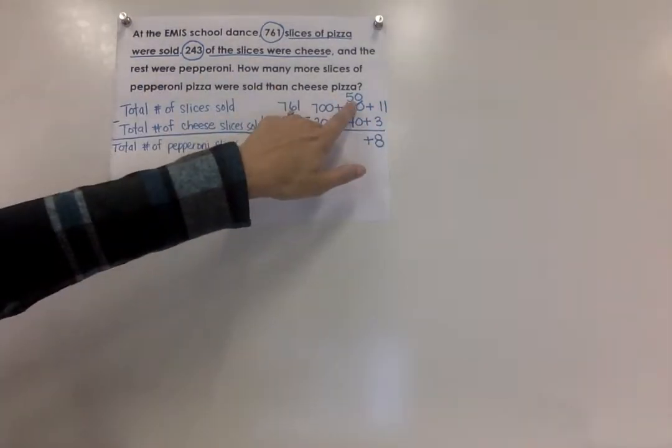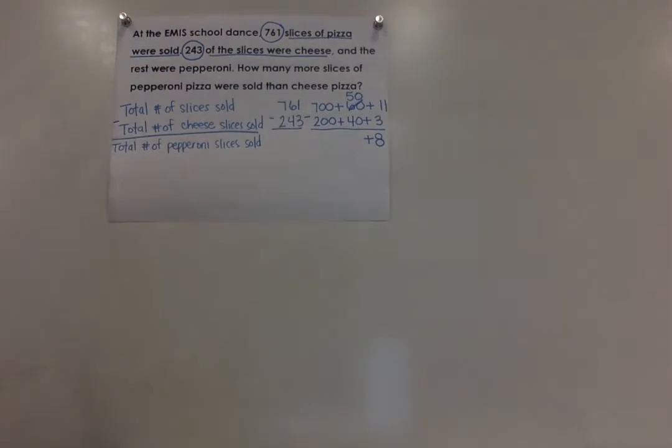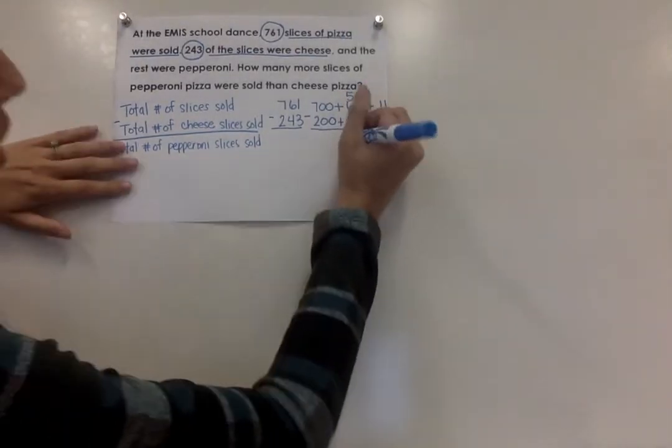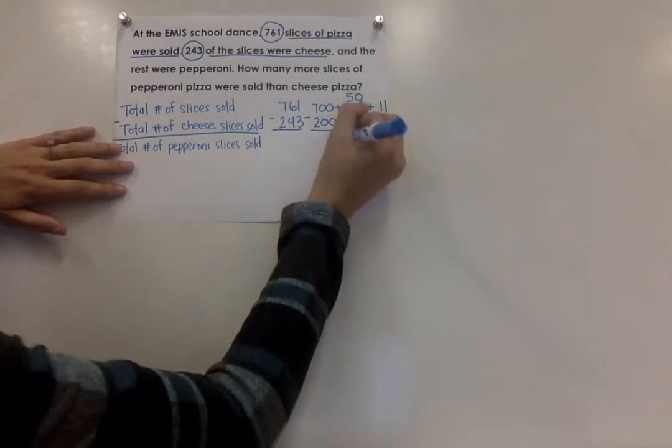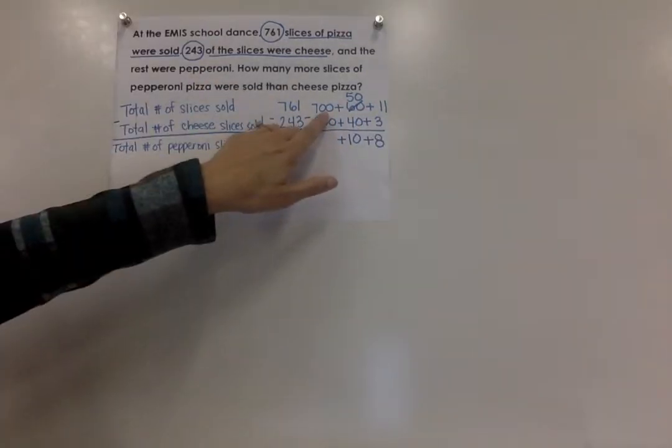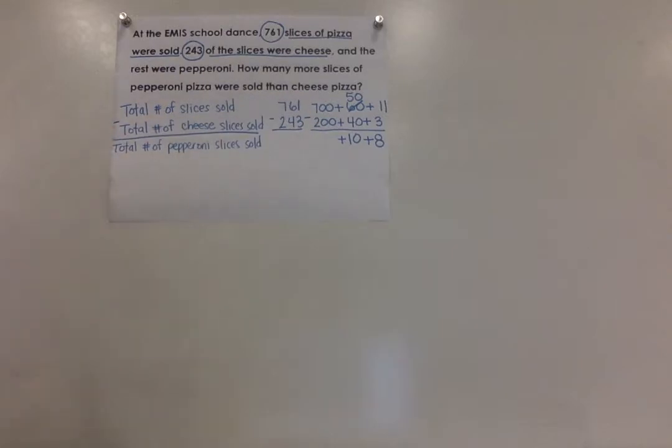Now I have 50 minus 40. If I had $50, could I give you $40? Yes, I would have 10 left over. Okay, bring down your plus sign. 700 minus 200. Can we do that? Let's think about it.